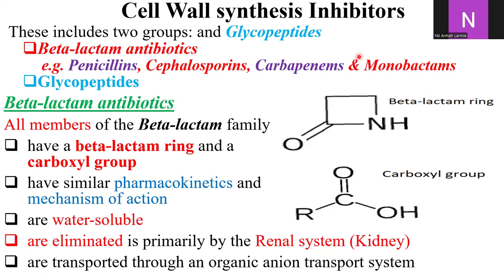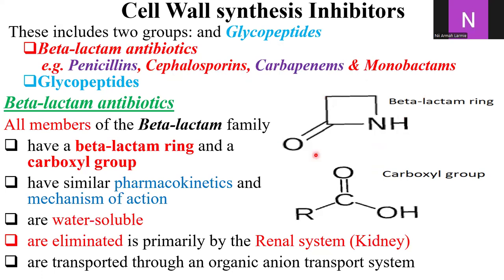The beta-lactam antibiotics cover 4 different antibiotic classes: penicillins, cephalosporins, carbapenems, and monobactams. All these 4 are called beta-lactam antibiotics because in their chemical structure, they all have this beta-lactam ring.